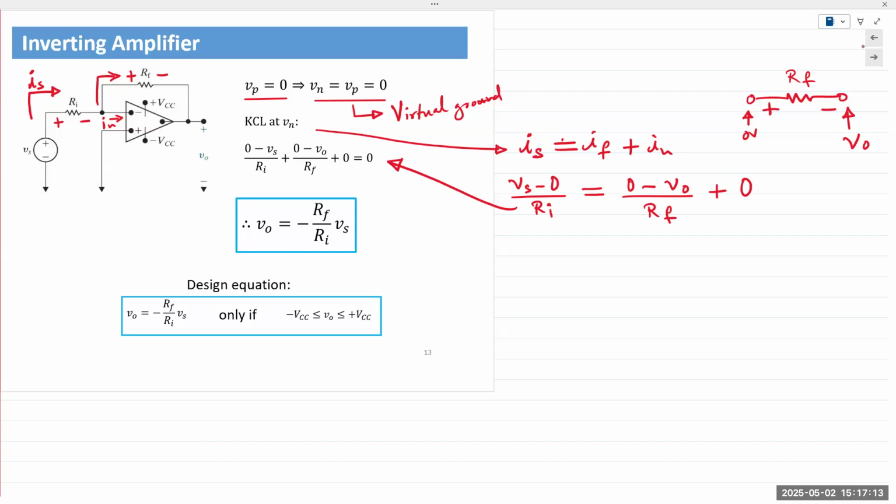The question being asked is about Ri. If I take the input resistor Ri, I have current going from the left. This means this end is plus, this end is minus. The left end of Ri is Vs, the right end of Ri is Vn, which is 0 volts. And so we get Vs minus 0.